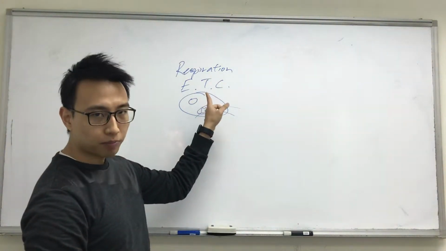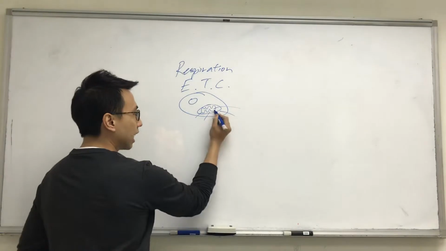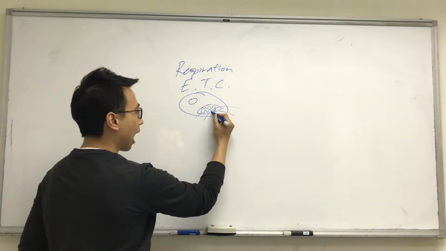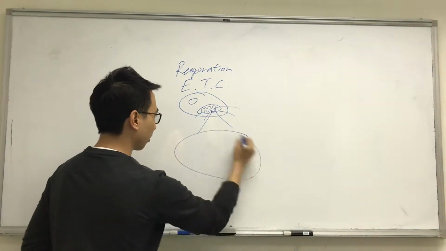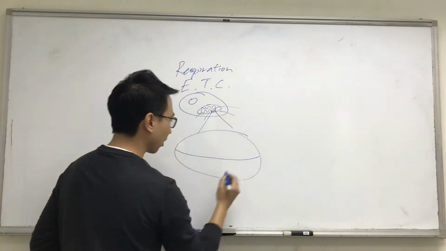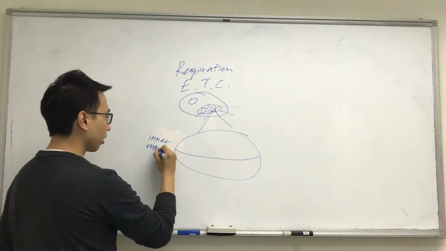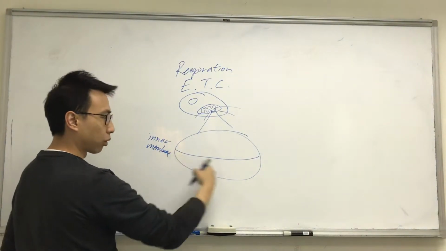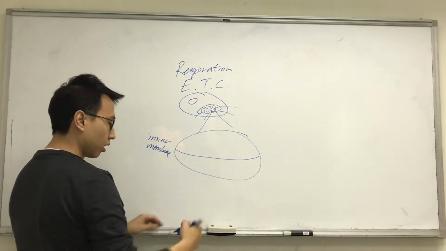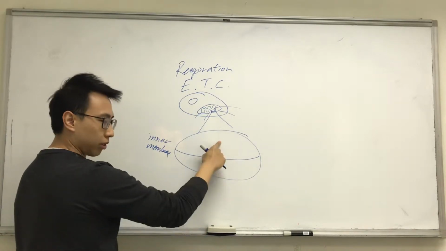The ETC is located at the inner membrane. So I'm going to enlarge this portion. This one line is the inner membrane of the mitochondria. I will separate it into two areas.